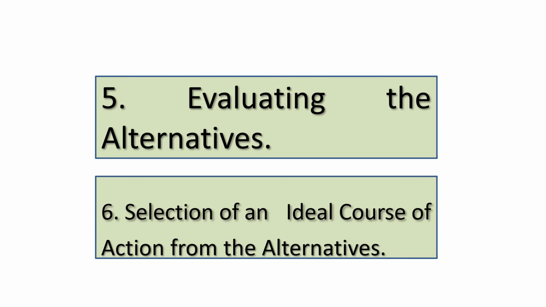Thereafter, next point is selection of an ideal course of action from the alternatives. The planners select the best plan to be implemented, and the ideal plan is the most profitable with the least amount of negative consequences in a dynamic situation.